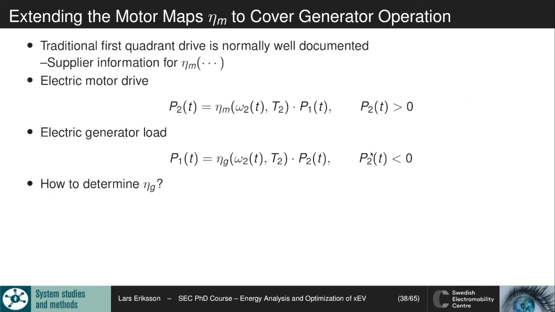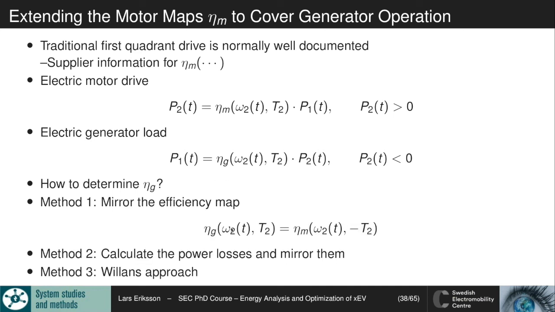The traditional first quadrant drive is normally well documented when you're using it as a traction motor, and you can quite often get access to supplier information for the machine in terms of the efficiency. We use it for the electric motor drive, and we would like to use it in the hybrid vehicle also for the generator side. But when we only have this, how do we determine this here?